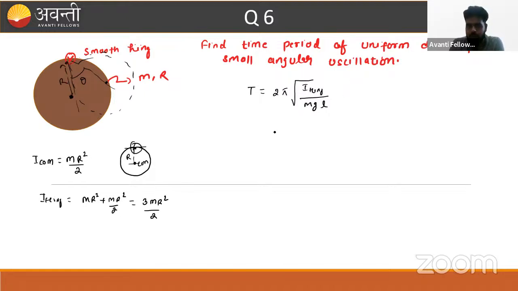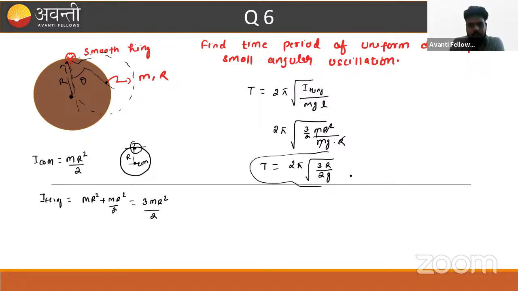So we get 3 by 2 mr square divided by mgr. M cancels out, r cancels out, and the answer is 2 pi root 3r divided by 2g. This is the time period.